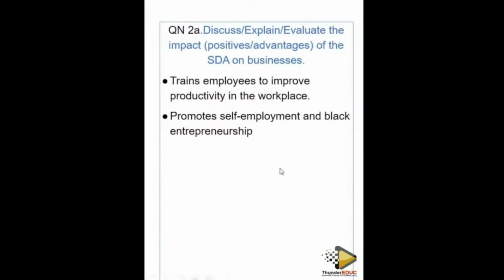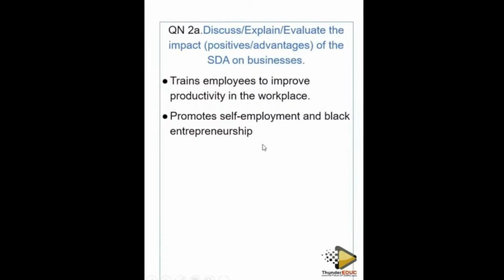So moving on, it promotes self-employment and Black entrepreneurship. So now, self-employment, we refer to what? We refer to the entrepreneurs. And these entrepreneurs in particular, we take into account the entrepreneurs of Black people. So entrepreneurship, we refer to what?